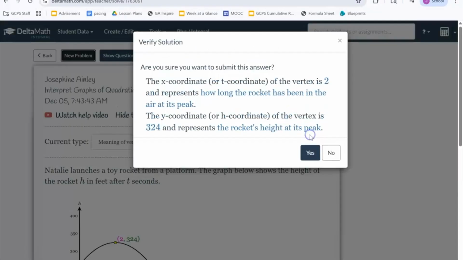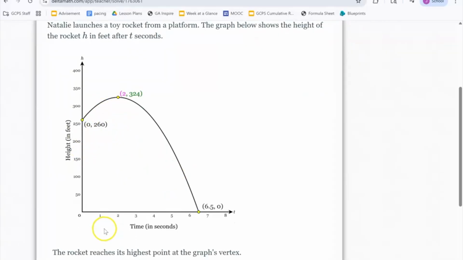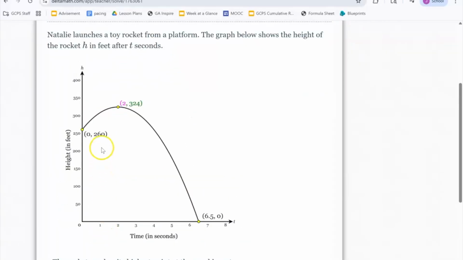Okay. All right, now obviously that's just the vertex, but I'm just going to go ahead and explain everything else while I'm here. If the question was, what was the rocket's initial height? It will be 260. What does that mean in context? It means the rocket was launched at a height of 260.